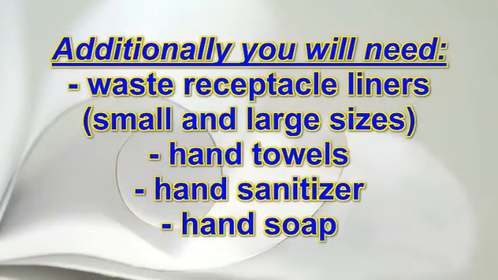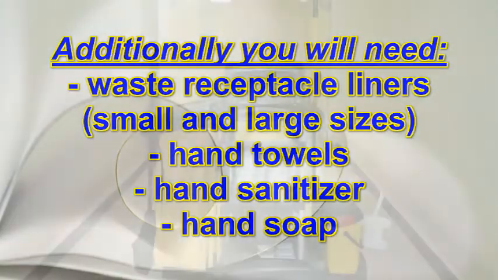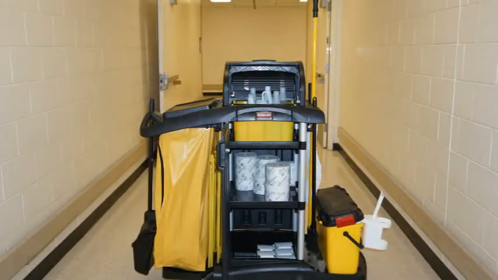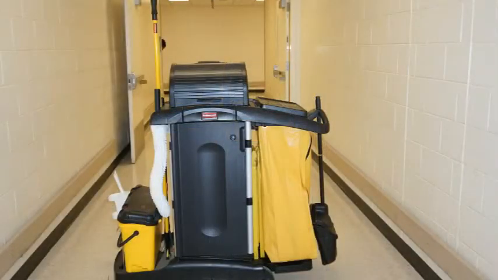There are certain materials you will need, such as waste receptacle liners in small and large sizes, hand towels, hand sanitizer, and hand soap. Once you have gathered all of these tools, equipment, and materials on your cart, take a moment to double check that you have everything, and then you are ready to head out to your first work area.